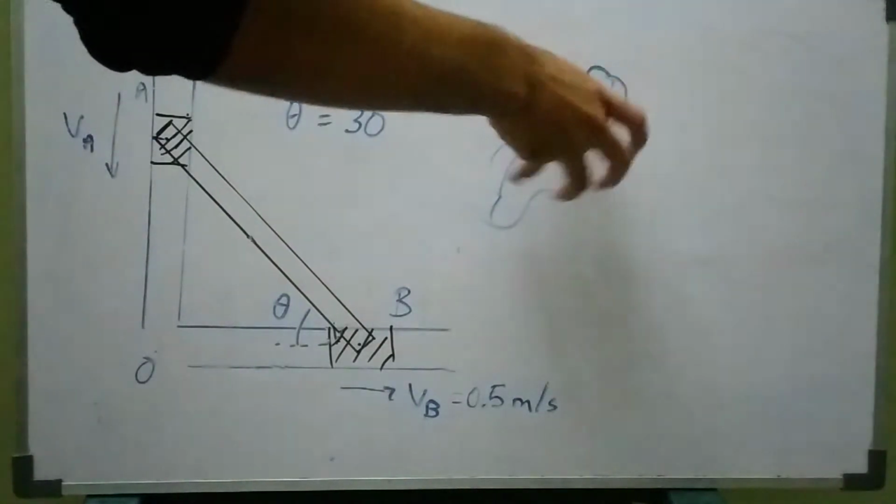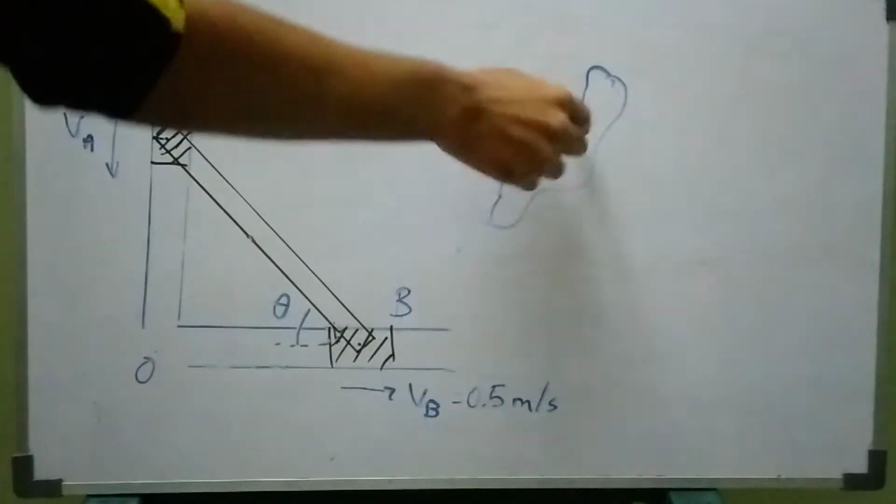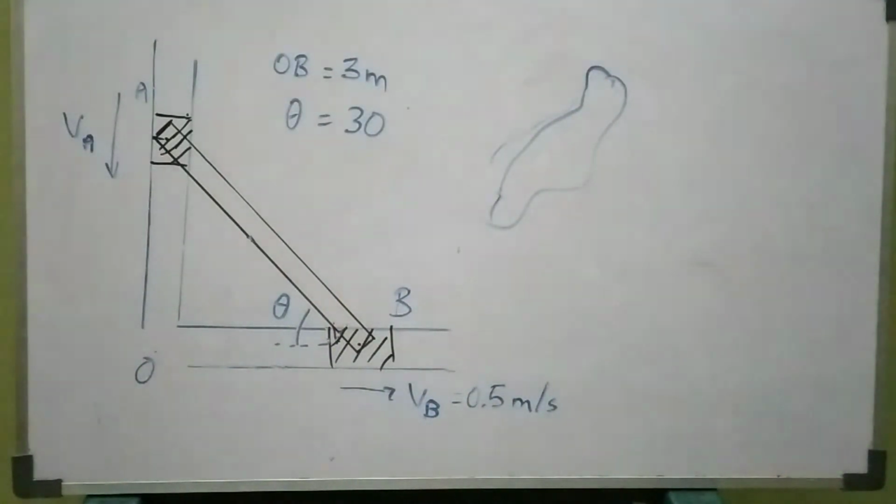If the body is going to rotate, there are many particles in it. If we take any points in this body, there will be various velocities in various directions as well as various magnitudes. However, the main idea is there will be a point with velocity 0. That point is known as the instantaneous center.